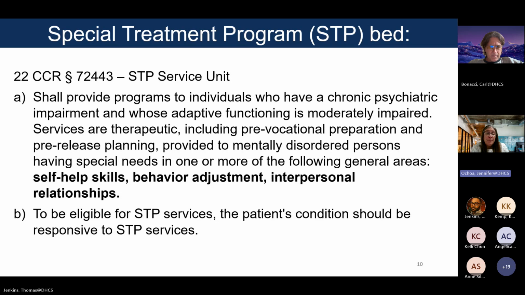Special treatment programs shall provide programs to individuals who have a chronic psychiatric impairment and whose adaptive functioning is moderately or less impaired. Services are therapeutic, including pre-vocational preparation, pre-release planning, providing mental disorder persons having special needs in one or more of the following areas.